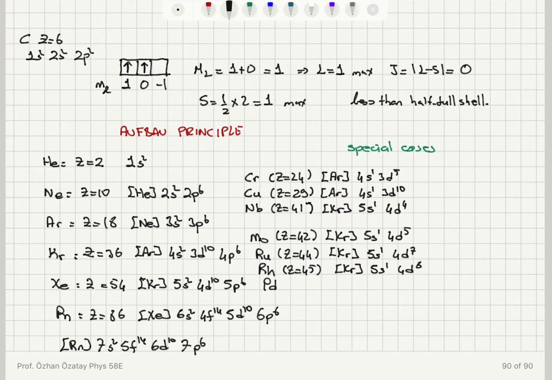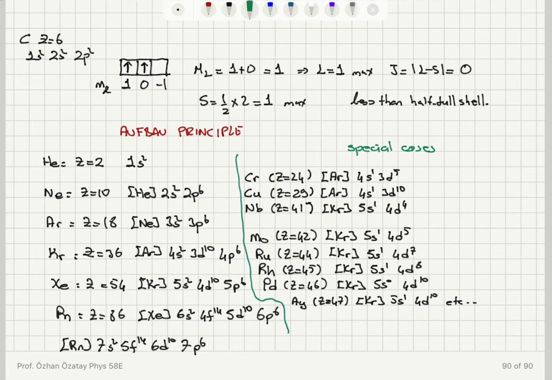For palladium, Z is equal to 46, we have krypton configuration 5s0, 4d10. And then for silver, Z is equal to 47, we have krypton configuration 5s1, 4d10, etc. So we have some special cases here. So let me separate these cases.